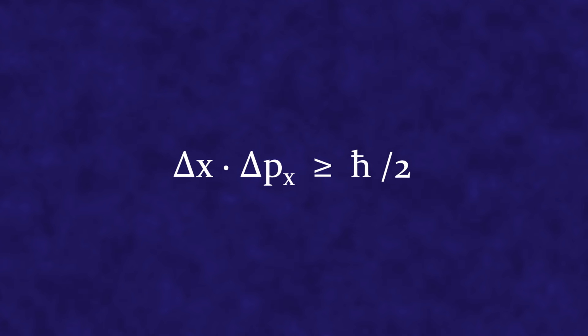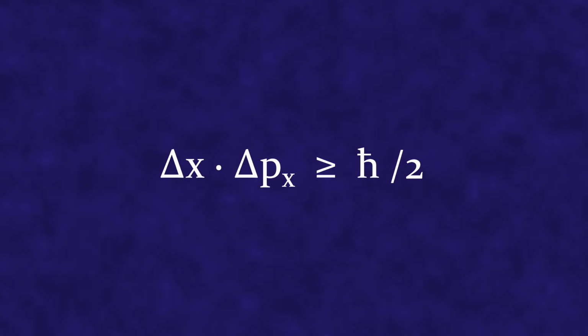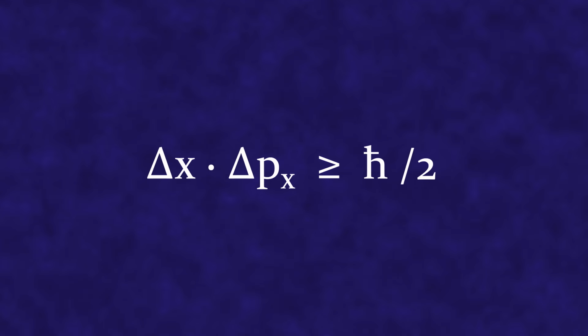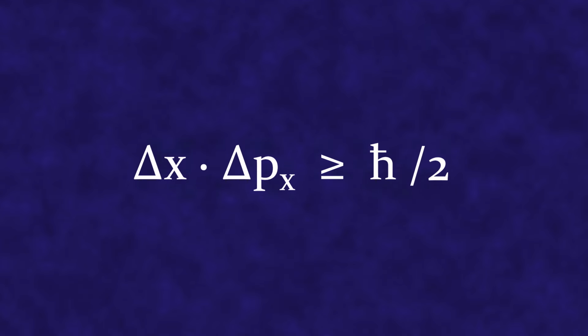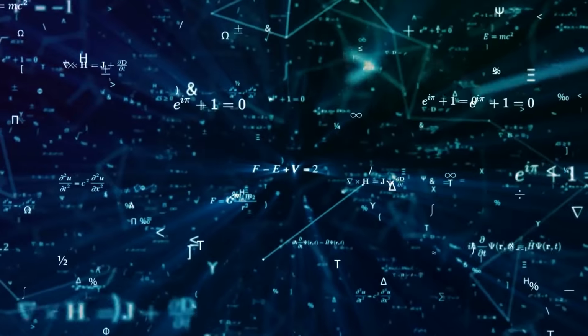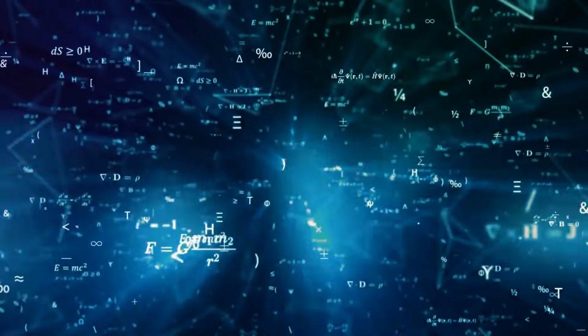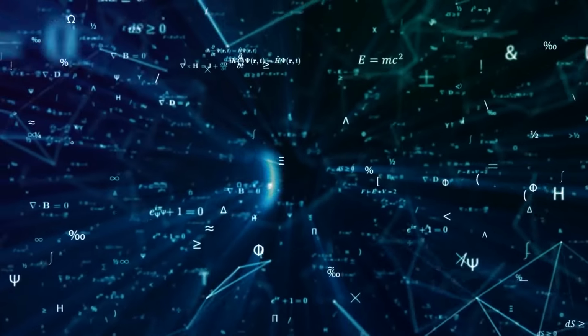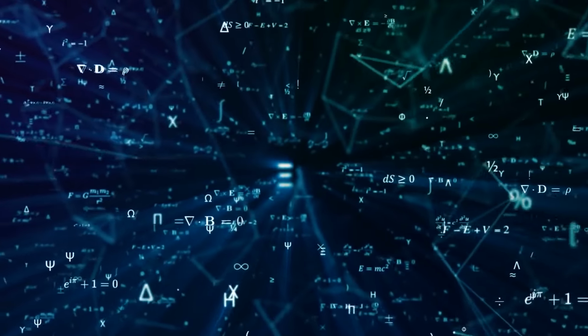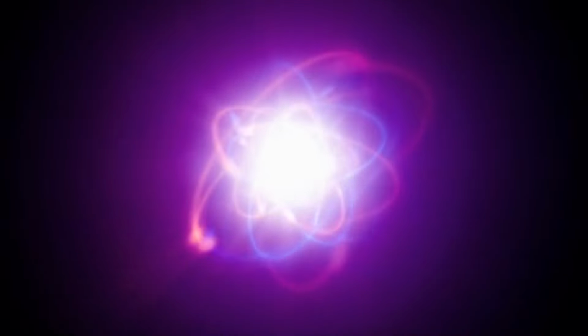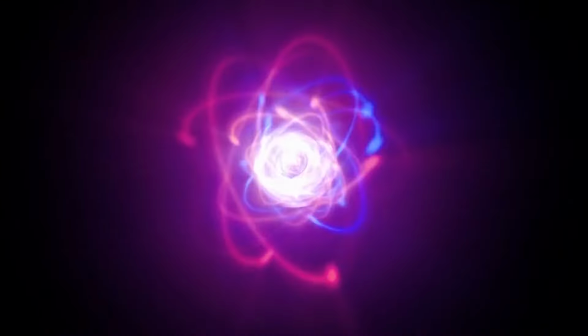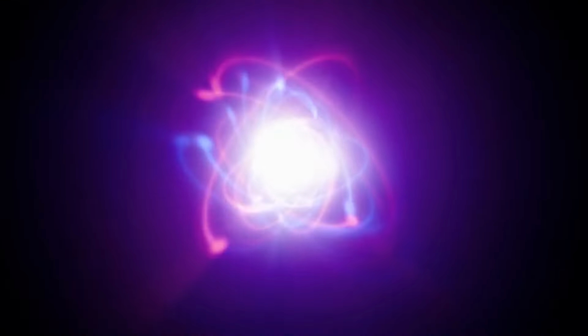In quantum mechanics, the uncertainty principle is derived by analyzing the properties of so-called Hermitian operators, mathematical entities used to describe the observable parameters of quantum objects. The proof, by the way, is quite elegant and beautiful, but to fully appreciate it, you need a certain familiarity with linear algebra.